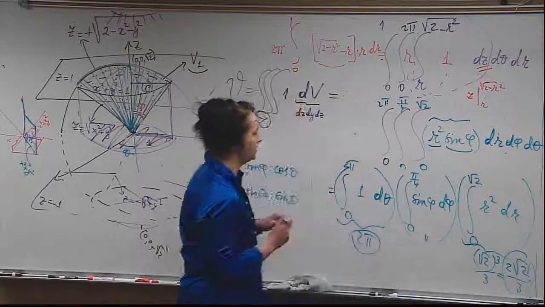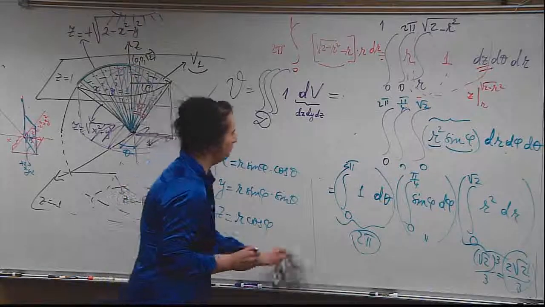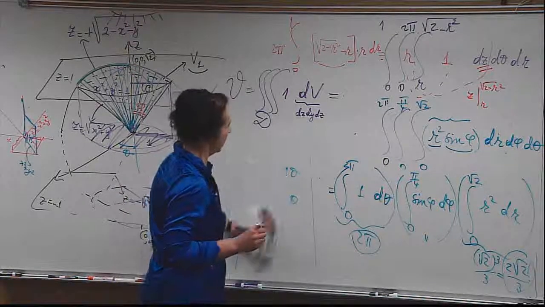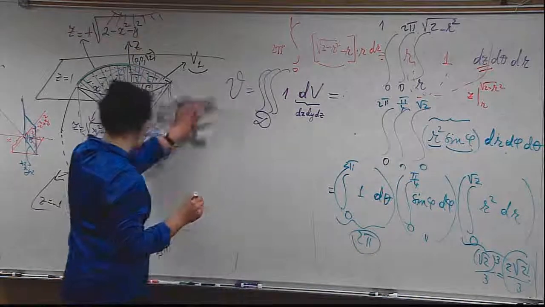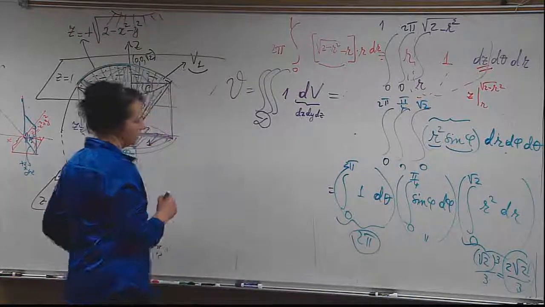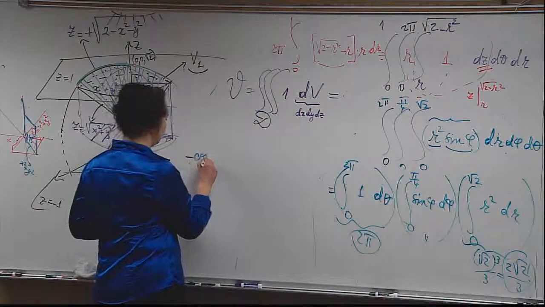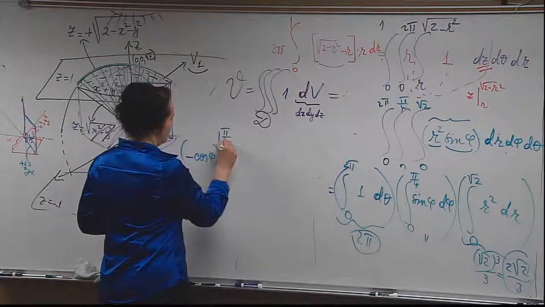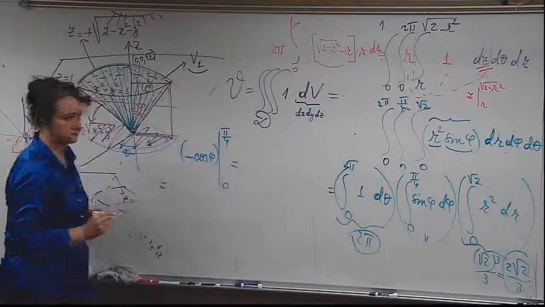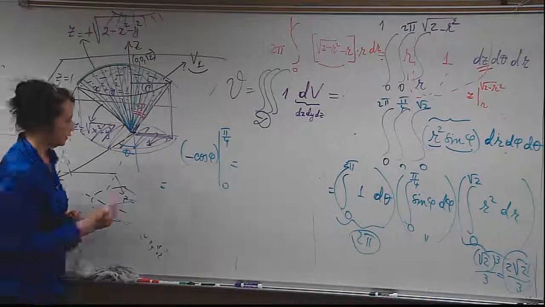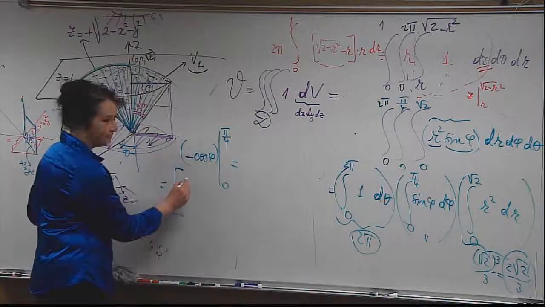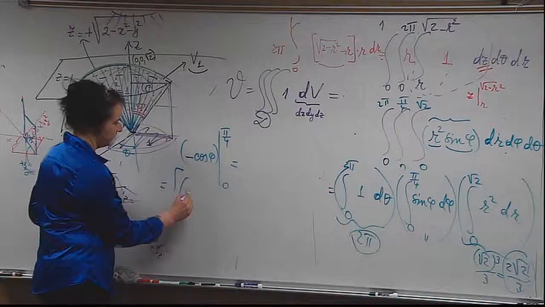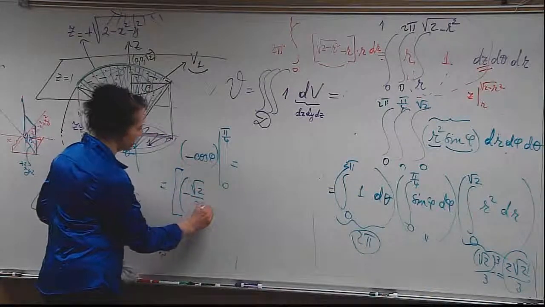How about that? What is the integral of sine? Negative cosine. So you have minus cosine phi between pi over 4 up and 0 down. Good luck to you. Well, first guy: minus root 2 over 2.